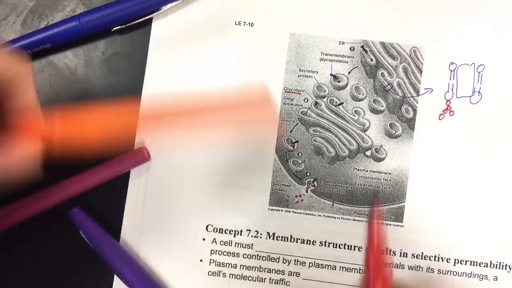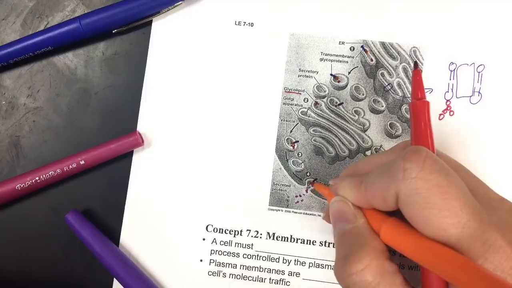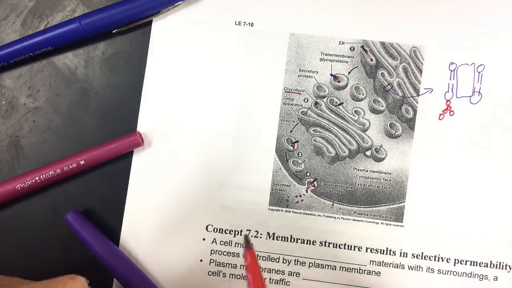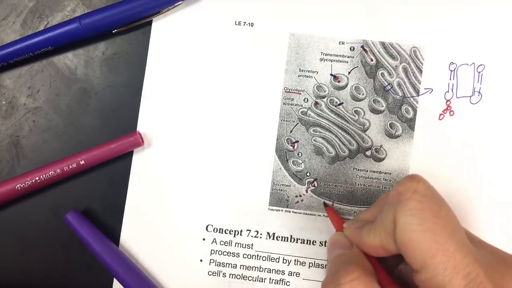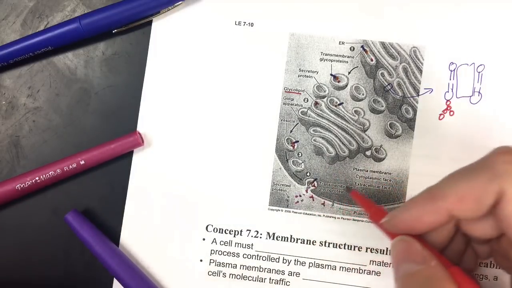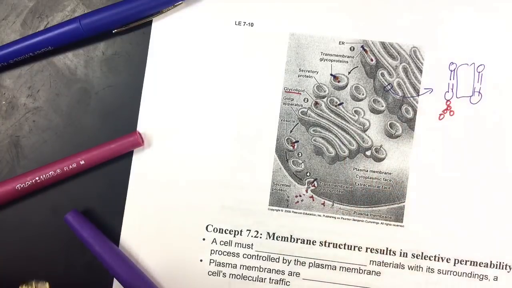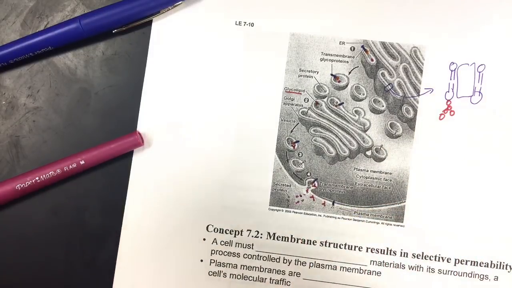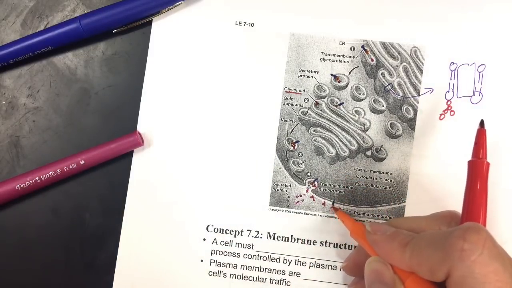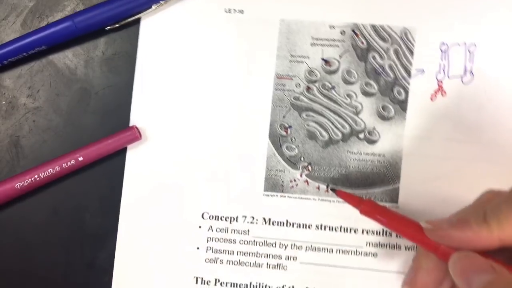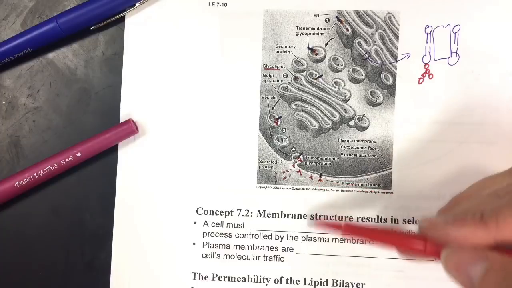with the carbohydrate attached. So now when it fuses together, can you see that the glycolipids are on the outside now? It's actually part of the membrane, and the glycoproteins are on the outside, and it's the carbohydrate chains that are hanging off here. Those are involved in cell-to-cell recognition.